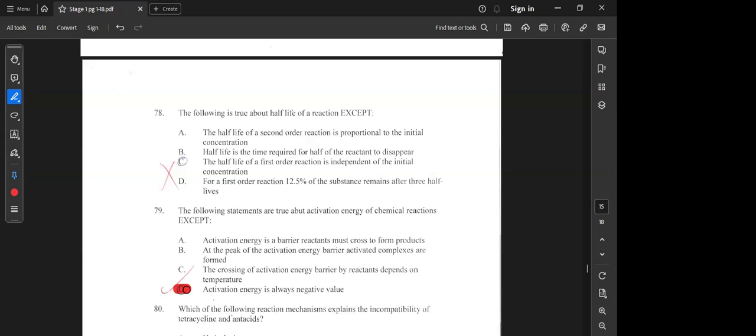So that's zero order. But when we come to first order reactions, if we double the concentration of the reactants, we double the rate of the reaction. Still on sodium plus chloride, assuming it's a first order reaction now, let's say we had 0.5 molar of sodium giving sodium chloride.